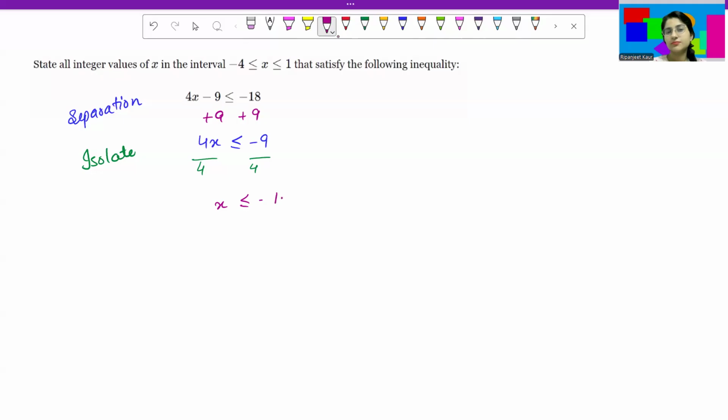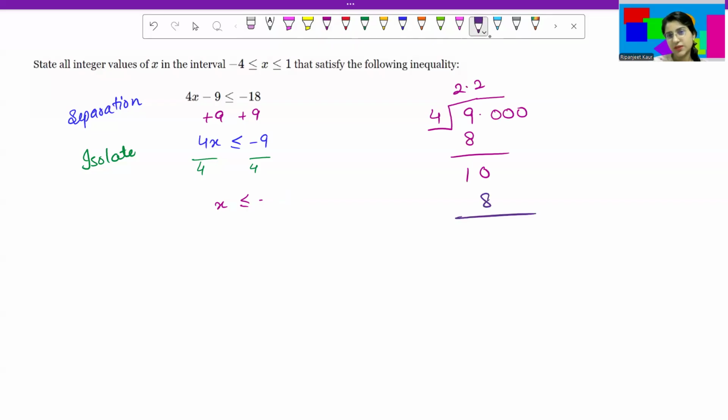Dividing 9 by 4: 2 gives us 8, then we can take down a zero. So it is 2.25. Yes, 2 is correct, and then we take down the 0.